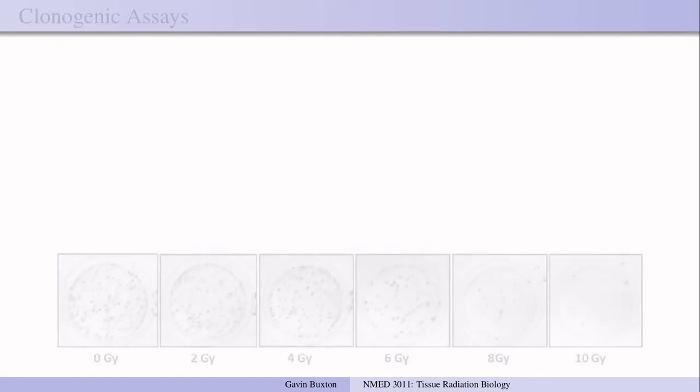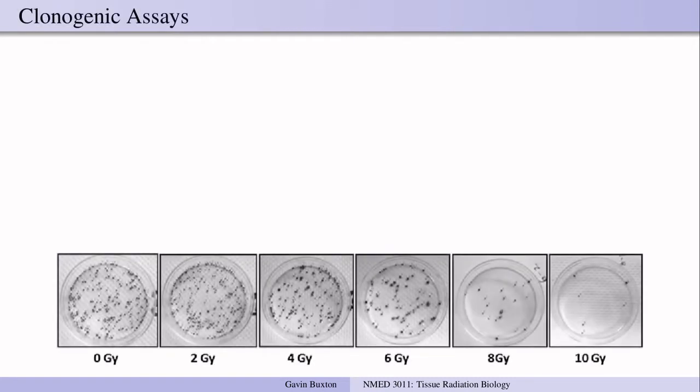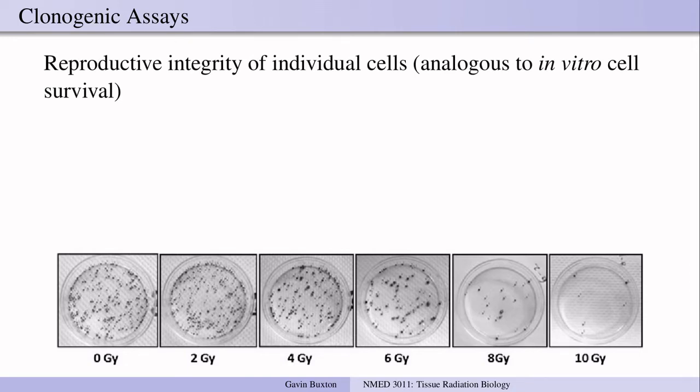So one of the most common ways is clonogenic assays. Basically, a clonogenic assay is otherwise known as a colony forming assay. It's basically a survival assay based on the ability of a single cell to grow into a colony.